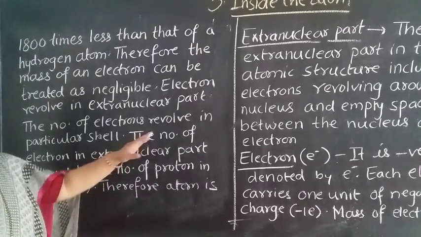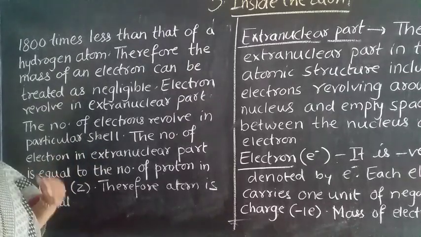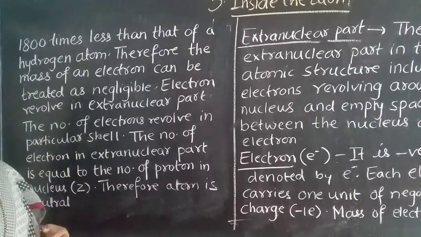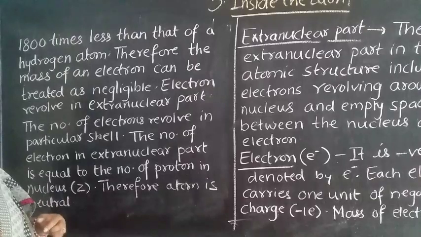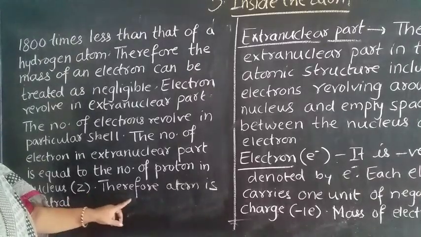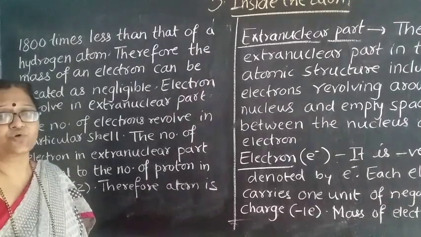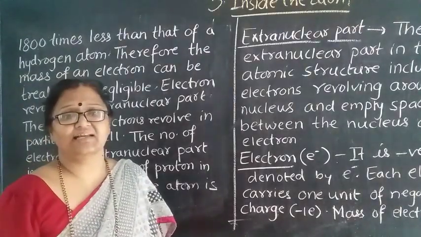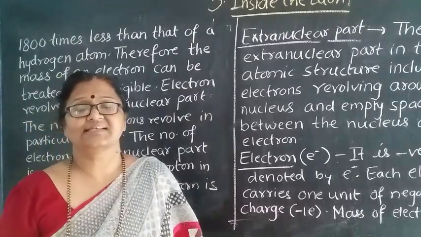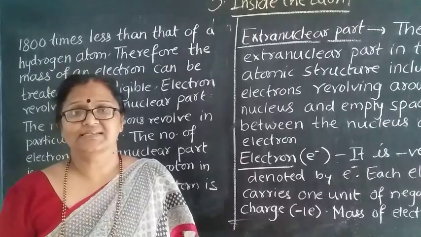We know that the number of electrons in the extranuclear part is equal to the number of protons in the nucleus, which is denoted by Z. Therefore, the atom is neutral, as the protons and electrons cancel the effect of each other. Therefore, we say that the atom is neutral.